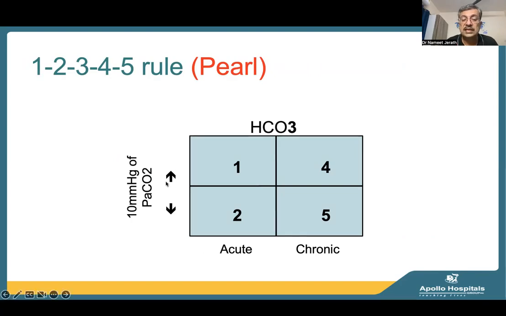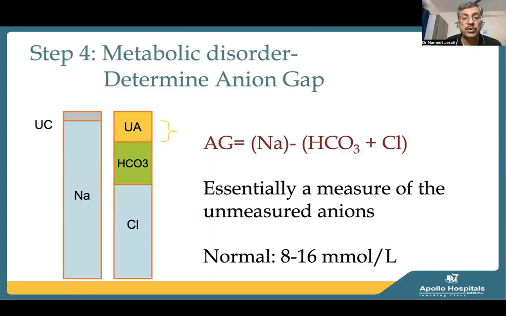So if there is an increase in carbon dioxide by 10 in an acute process, the bicarbonate would move by 1. If there is a chronic drop in PCO2, the movement of bicarbonate would be 5 for every 10 millimeters of mercury change in carbon dioxide. So this is an easier way to remember this.